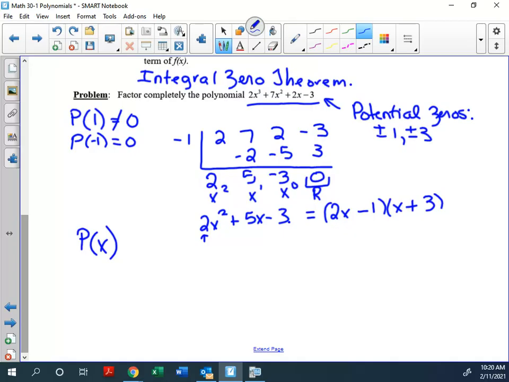Okay. So, we got our 2x minus 1 and our x plus 3, right? But this only has 2 x's and my original polynomial had how many x's? 3. What is the factor that I used at the beginning? Don't forget that gave you a factor. If I have a root of -1, that creates that last factor of x plus 1.